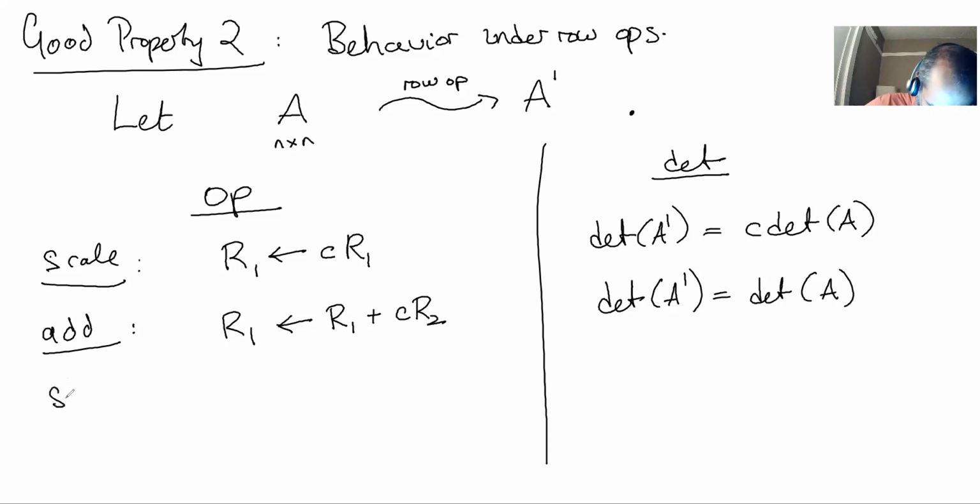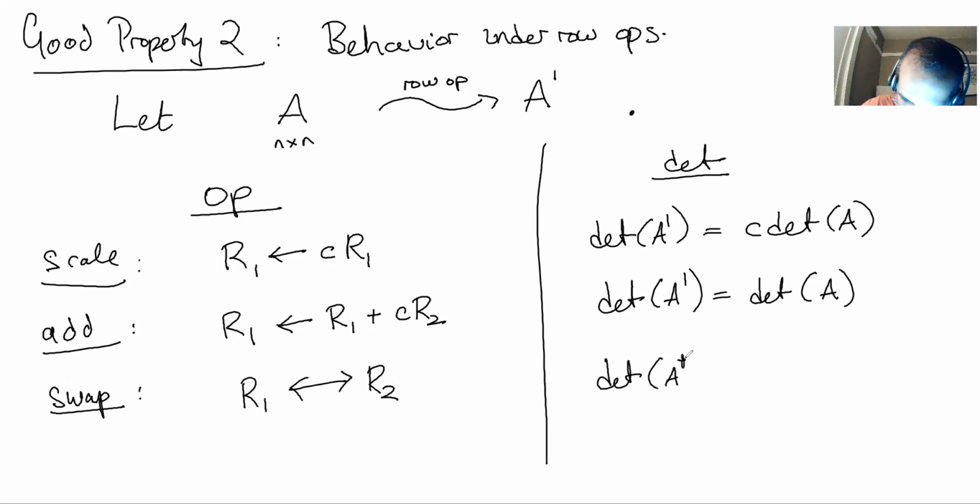And then finally, there's swap, which is you swap the role of row 1 and row 2. And here the determinant does change, but very little. You just pick up a minus sign. Okay, so that's good property number 2.